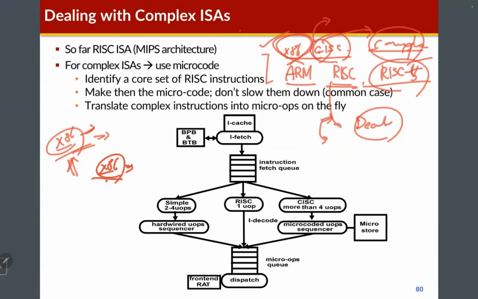Because inside the x86 architecture, the processor architecture of Intel or AMD CPUs is also very similar to the architecture of a RISC processor.